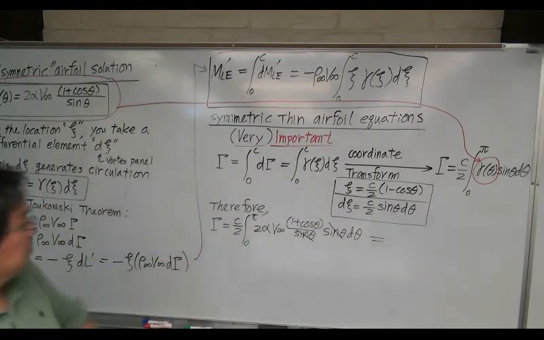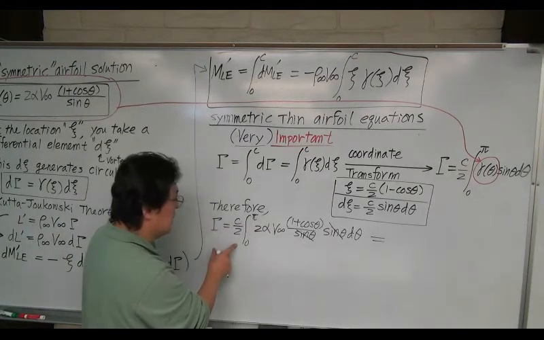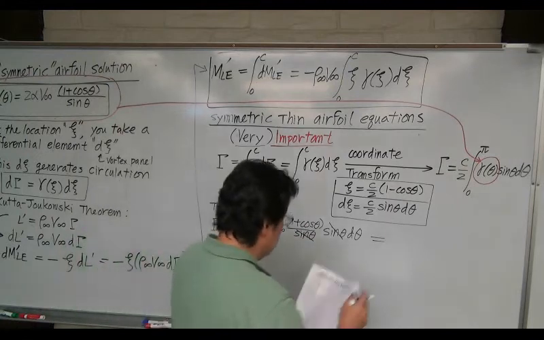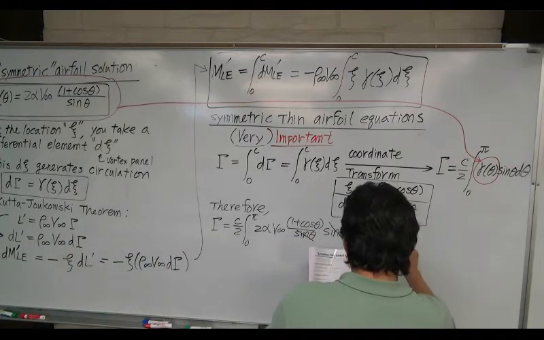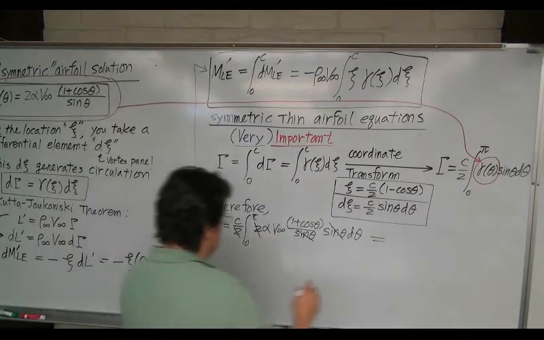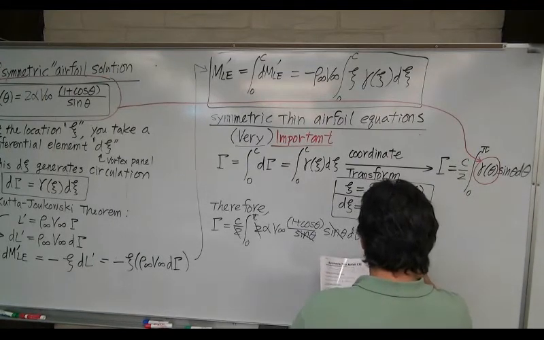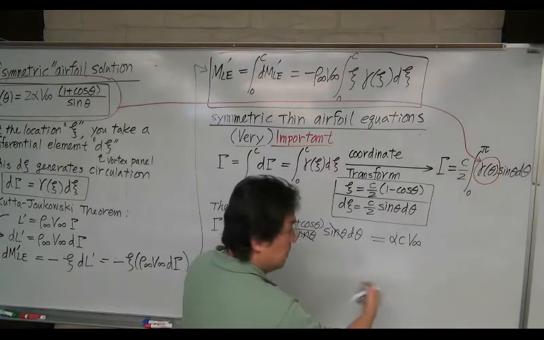Then this is fairly simple. Integration from 0 to pi of 2 alpha b infinity, this goes outside, 1 plus cosine theta d theta. The 2 cancels. So this is alpha, chord length, b infinity, all goes outside of the integral.